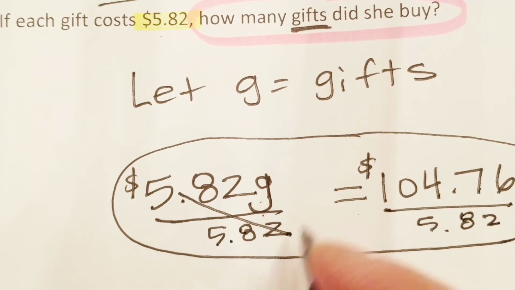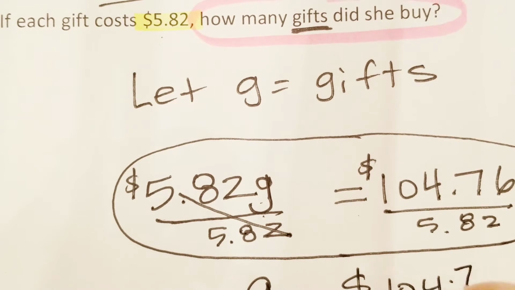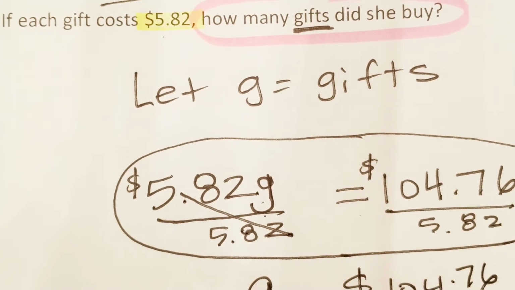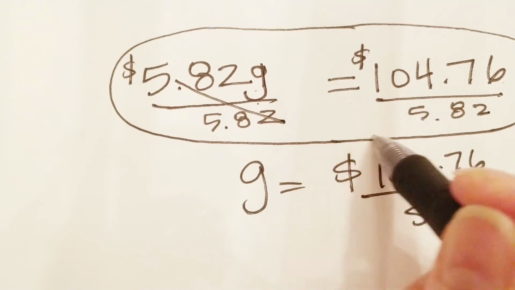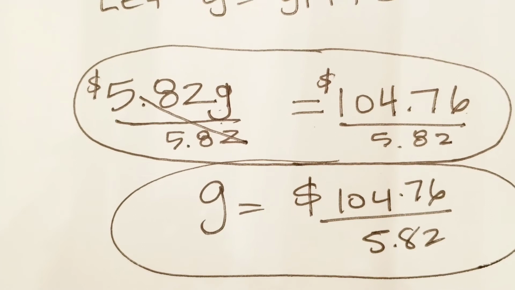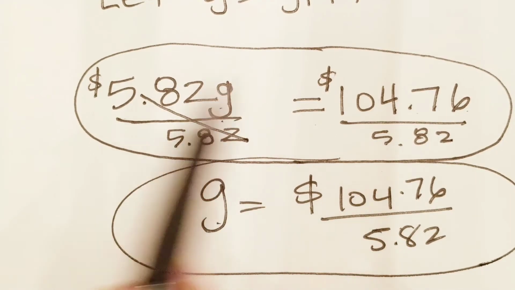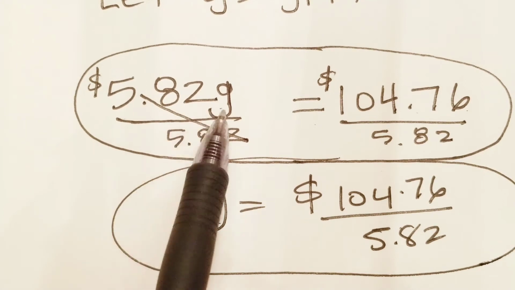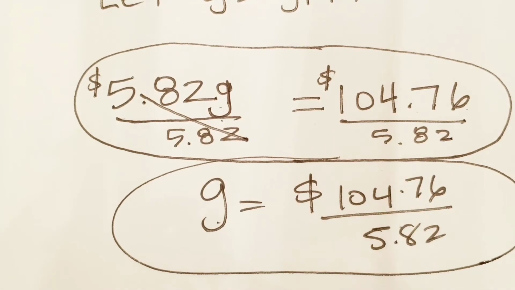So there's your division equation. So both are acceptable, both are right. It's just the way your brain thinks. This equation is just as valid as that first one that I wrote: 5.82 G equals 104.76, or G equals this division problem.